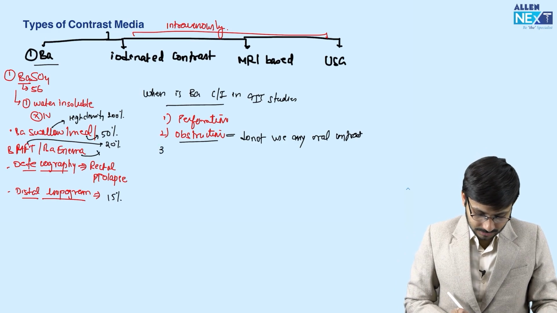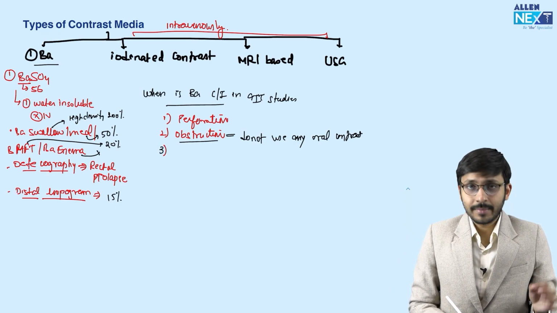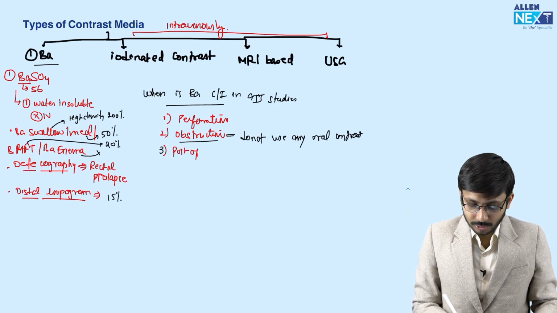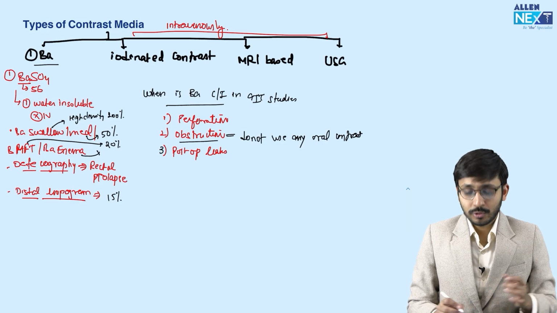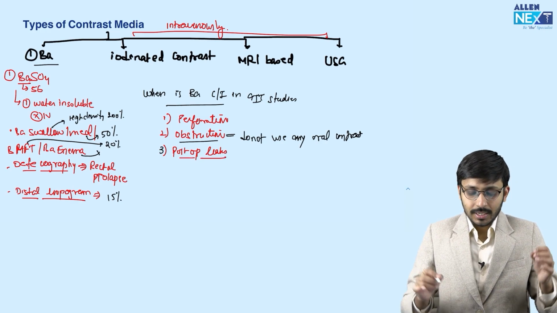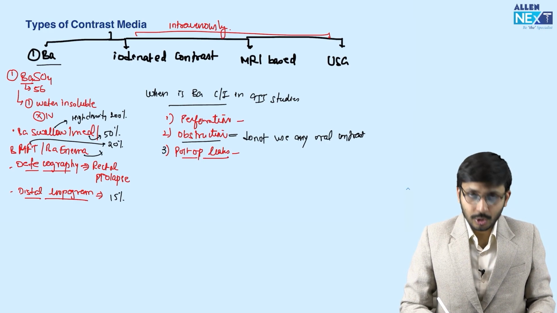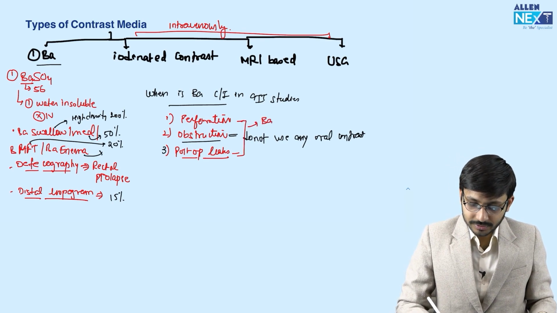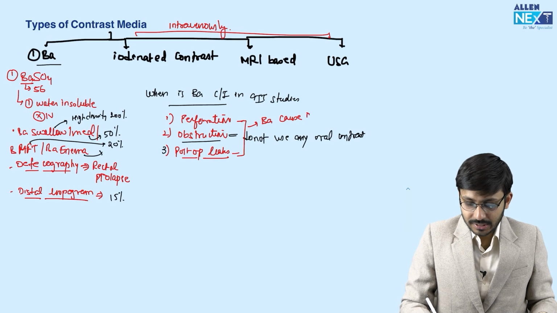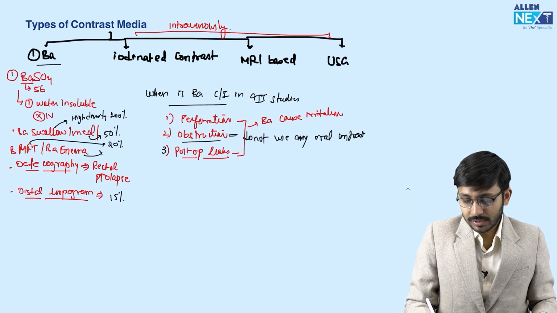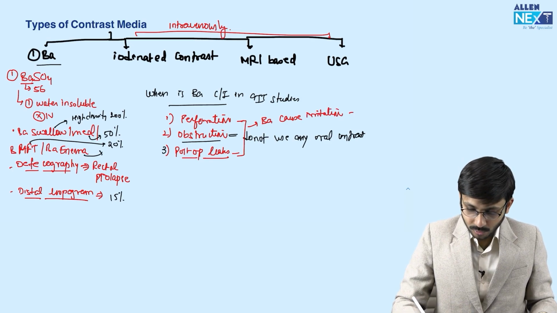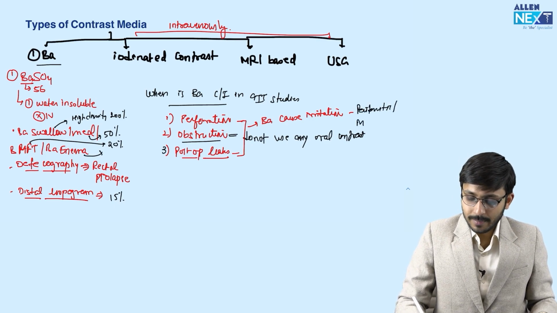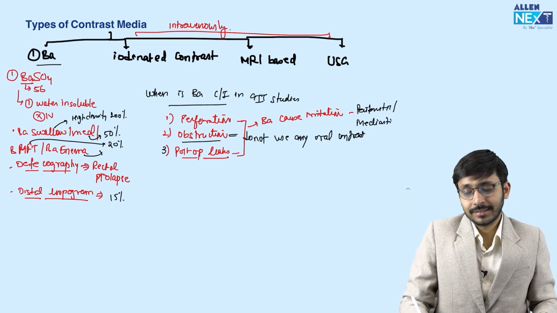The third contraindication in which barium is not used is suspected post-op leaks, suspected post-operative leaks. In both perforation and post-op leaks, why is barium not used? Because barium causes irritation of the serosal cavities and can lead to either peritonitis or mediastinitis.